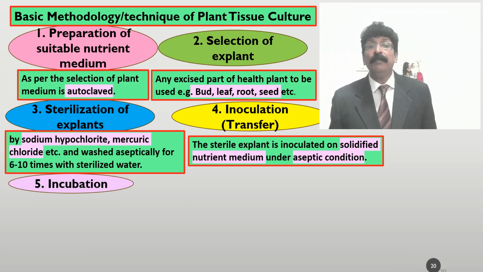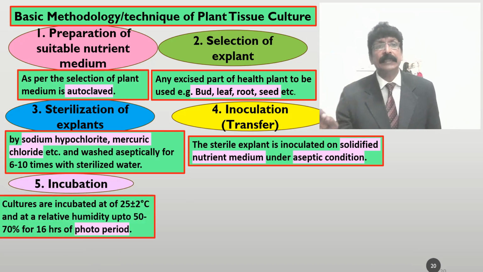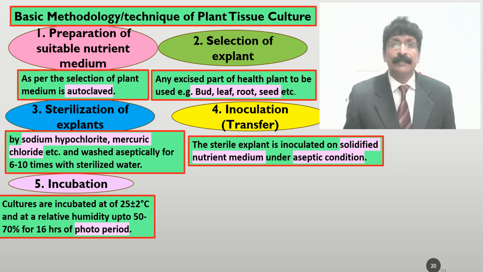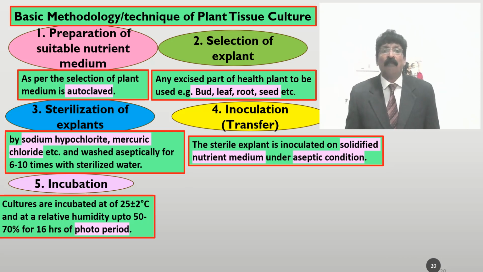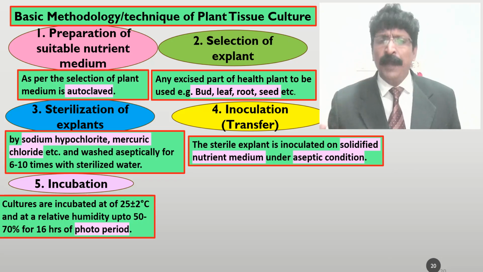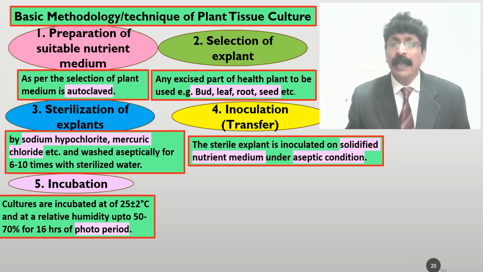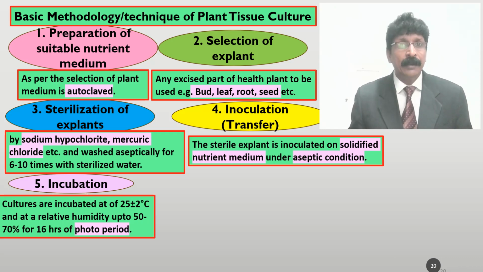And number five, incubation. Cultures are incubated at 25 plus or minus 2 degrees centigrade and at a relative humidity of 50 to 70 percent for 16 hours of photo period, which I told, the environment for the plant, for the development of its tissues and of the plant, needed for the various chemical changes, importantly photosynthesis.